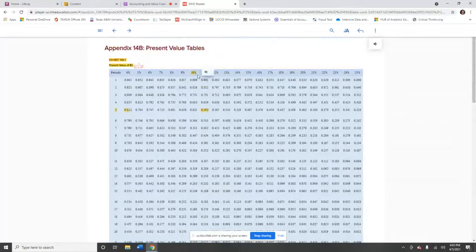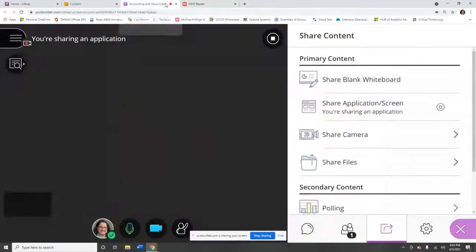And 10%, right, for year 1 is 0.909, for year 2 is 0.826, for year 3 is 0.751, and year 4 is 0.683. All right, so there's our factors. So we get our factors, and we come back here and we go back to our initial problem.